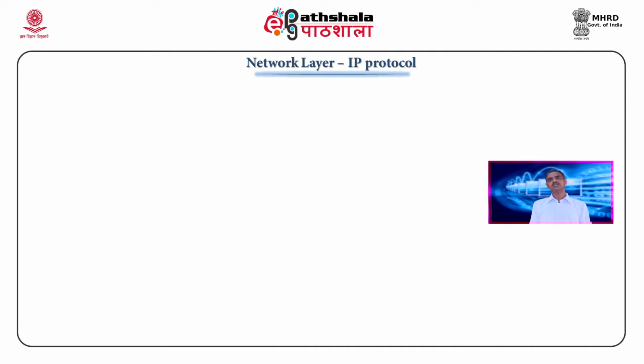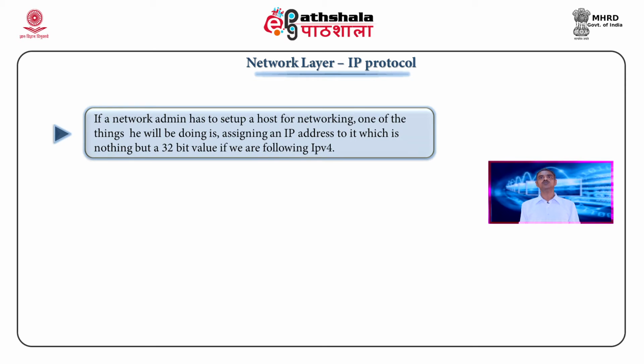So, now how do you set up your host for networking initially? If a network administrator has to set up a host for networking, one of the things he will definitely be doing is assigning an IP address to it, which is nothing but a 32-bit value. I will be assuming IP version 4 here in our discussion.